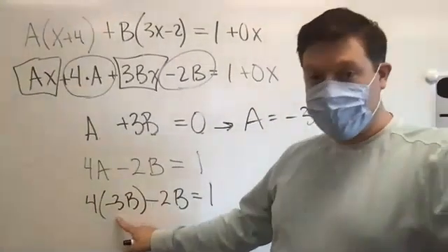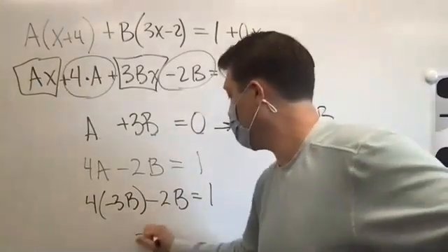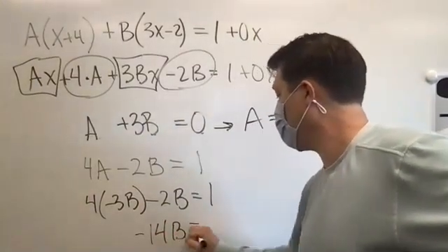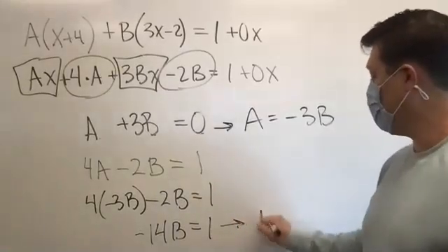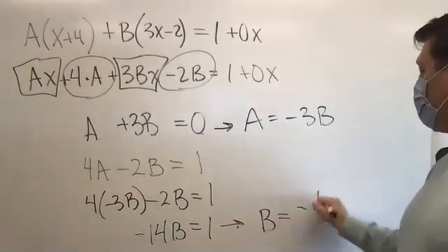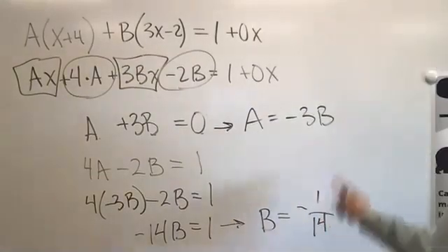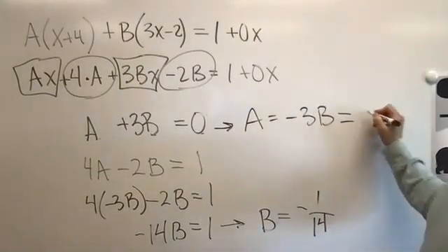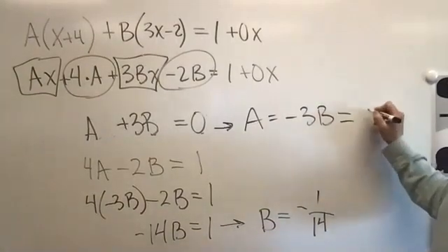So negative 12 minus 2 times B. In other words, B is the fraction negative 1 over 14. Take this back up to this problem. Make the B be that fraction.